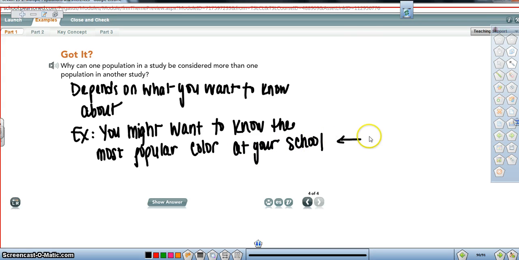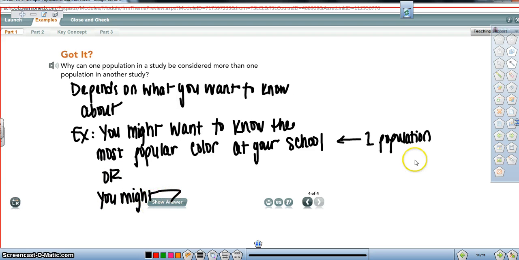So that would be one big population. Or you might want to know what each grade's most popular color is. Or maybe even what each team's most popular color is.